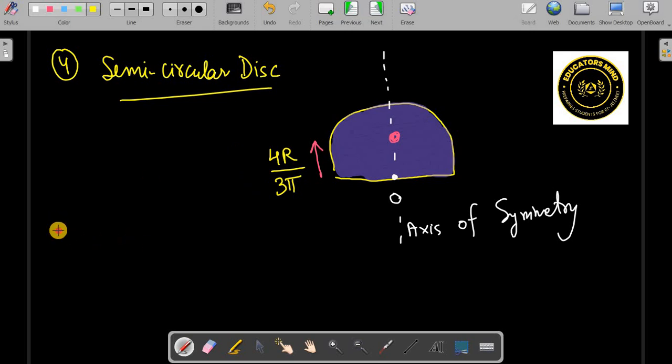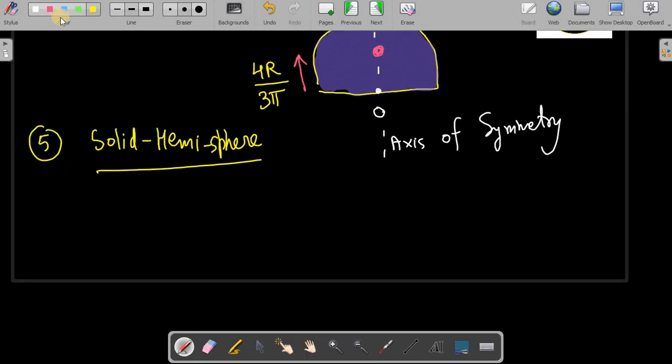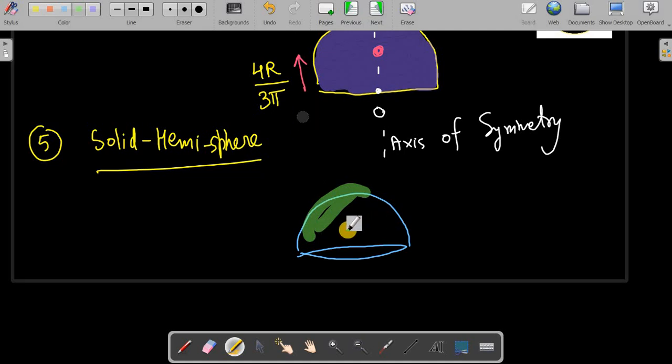Similarly, if I take a solid hemisphere, let's say it's like this, right? It's a solid hemisphere, so masses are distributed in the body, like this.